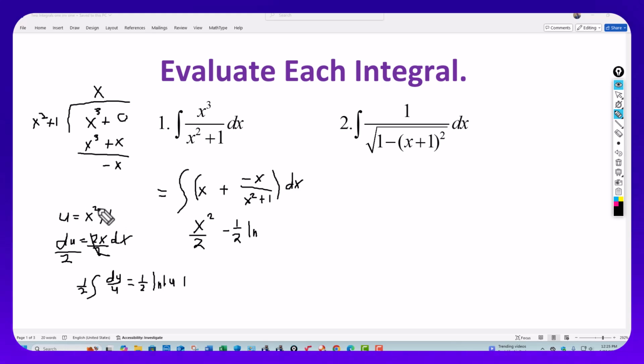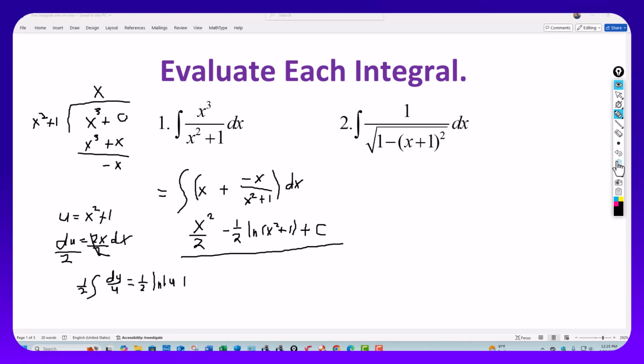That cannot be negative, so we don't need absolute value bars here. Let's just write this as minus 1/2 natural log of x squared plus 1 plus the constant of integration. So that's your final answer: x squared over 2 minus 1/2 natural log of x squared plus 1 plus the constant of integration.